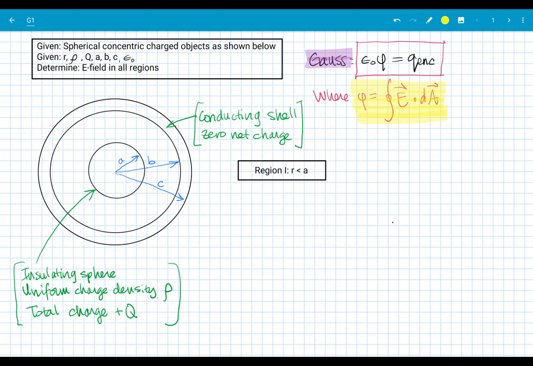My general approach in a Gaussian problem is to focus first on the left side of the equation, which is defining the flux, and then the right side of the equation, which is defining the enclosed charge. Once I have those two quantities defined, I then relate them using Gauss's law.